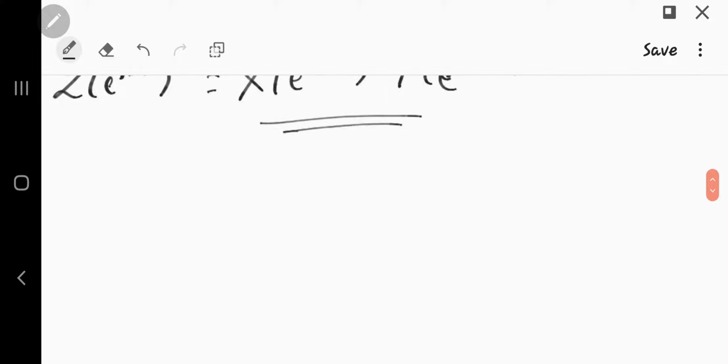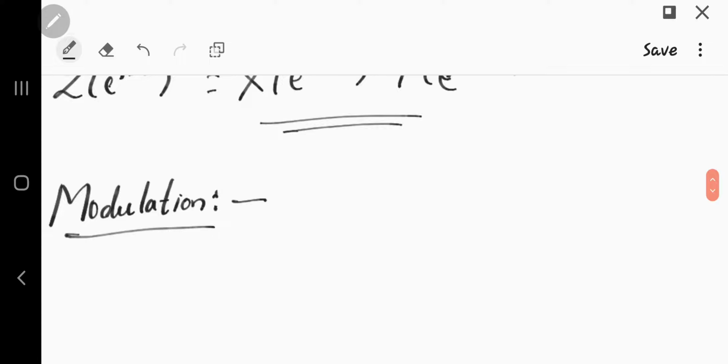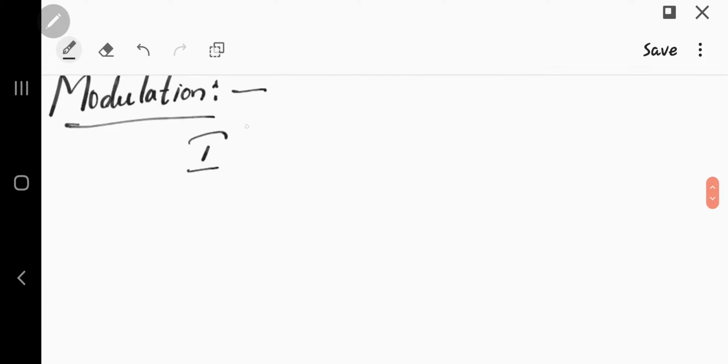So moving on to the next property, modulation. What does it say?